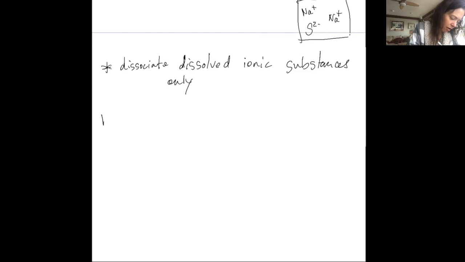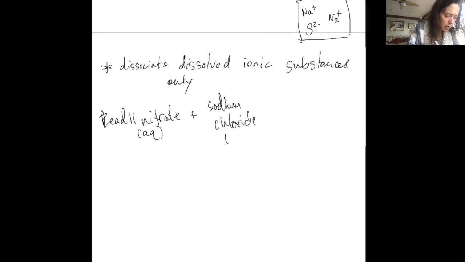Let's have lead 2 nitrate, which is aqueous, reacts with sodium chloride, which is also aqueous, and we have learned that it's going to produce lead 2 chloride.